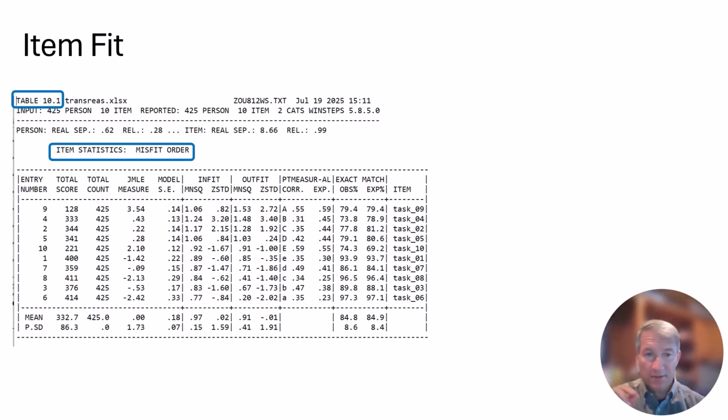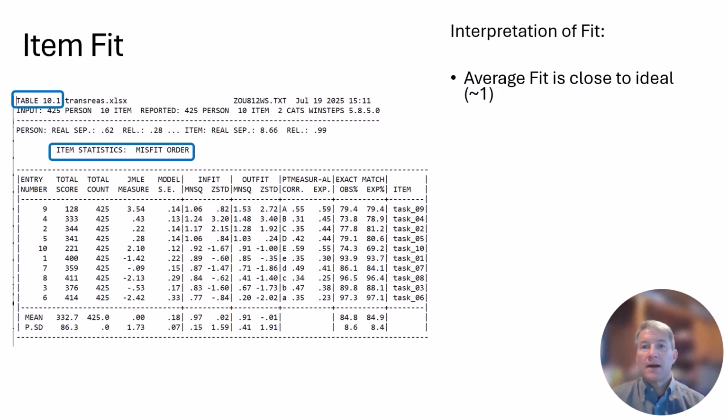So at the top of the table are the most poorly fitting items of the 10. Again, when we're interpreting fit, if we look at the overall average of the fit statistics, both infit and outfit, we see that the average fit across the 10 items is close to ideal. The average infit is 0.97, average outfit is 0.91, and the ideal situation would be that the average would be 1.0.